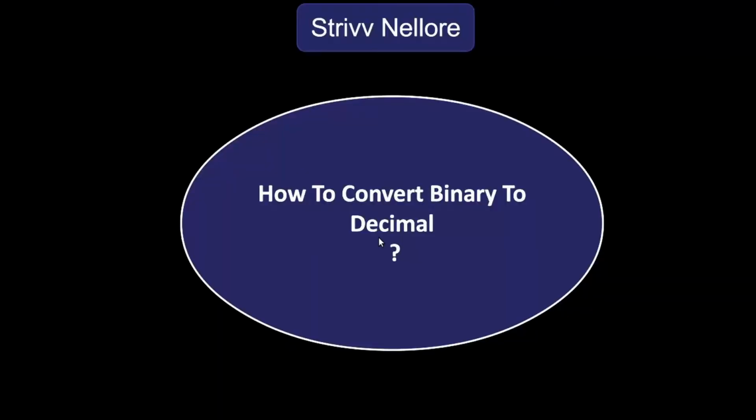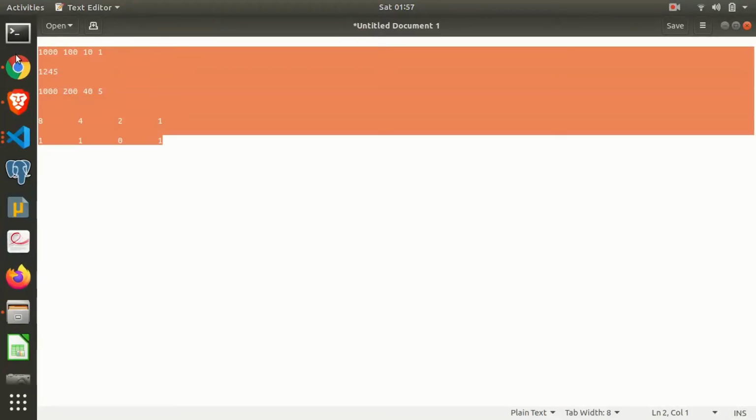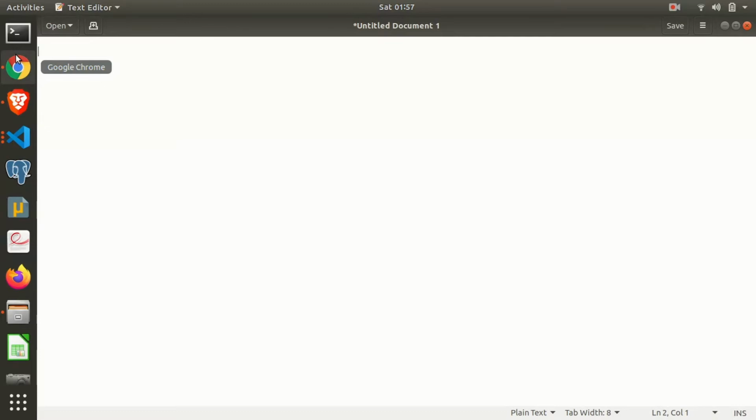Now what's the logic behind converting binary to decimal or decimal to binary? Let's find that. Let's open a text editor for that. If we go back to school, we'll remember a concept called units place, tens place, hundreds place, thousands place.